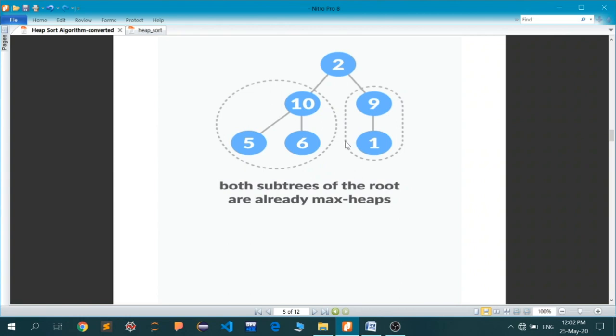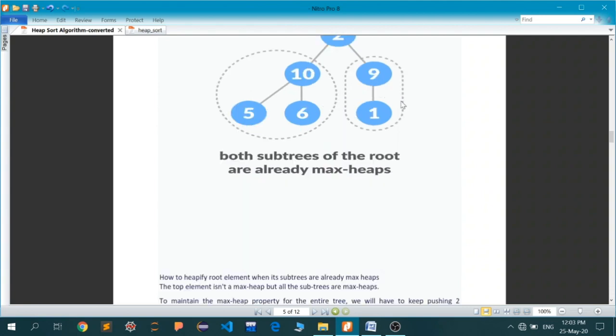So all I have to do is switch the greatest value of these three to the top. As we have discussed a few seconds ago, the heapify function will be called and it will try to analyze which one is the largest value, and it will swap the largest value with the root.